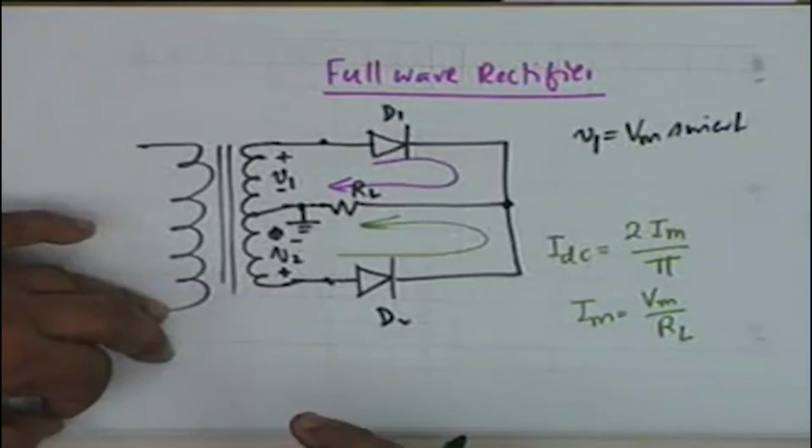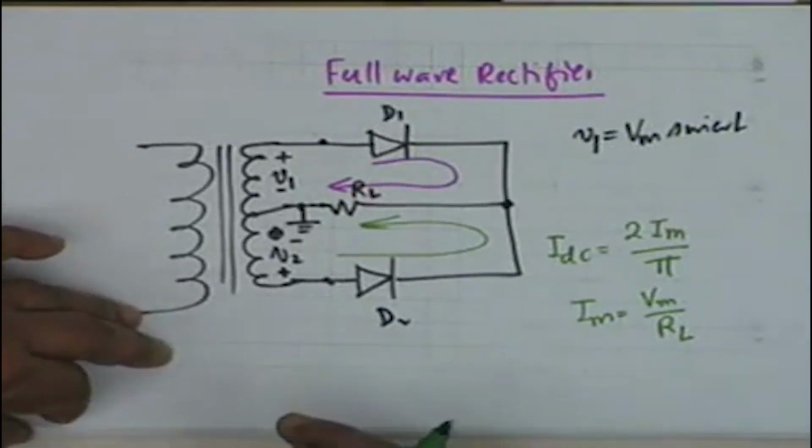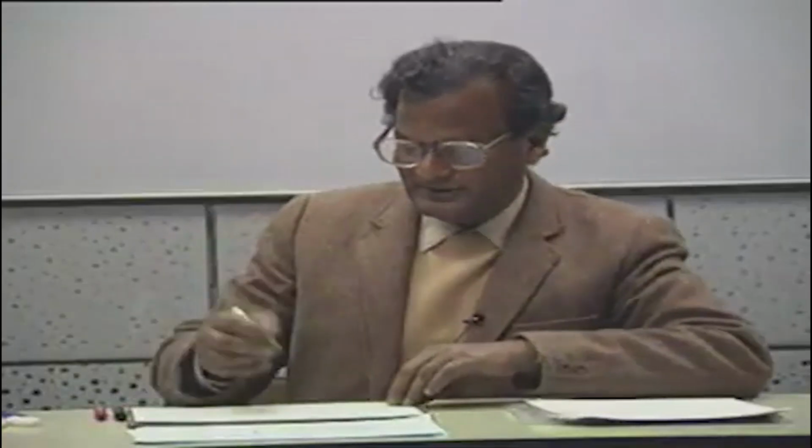For example, in the laboratory power supply that you see, I defined a power supply last time. What is a power supply? It's a rectifier in combination with a filter. A filter gets rid of the ripple component, the AC component. All right.